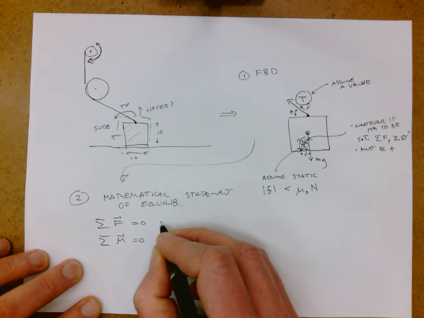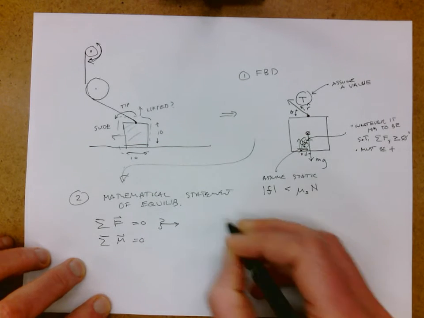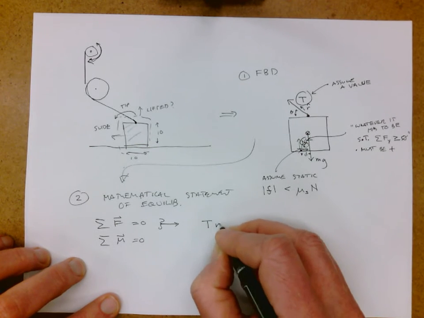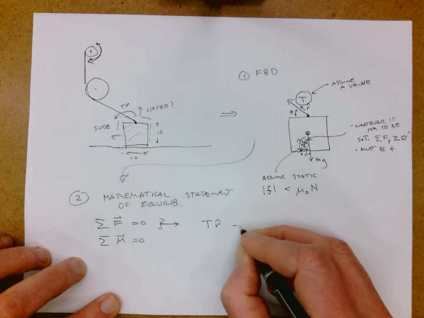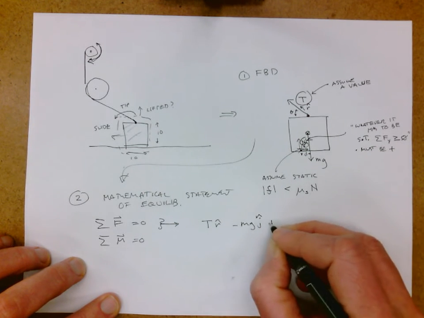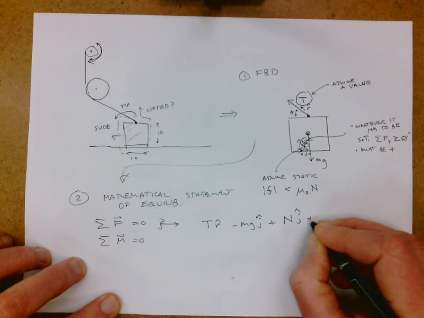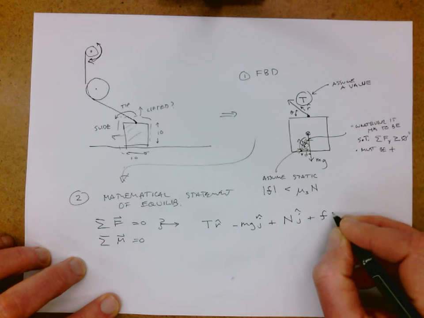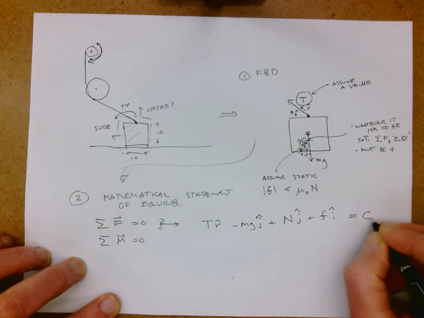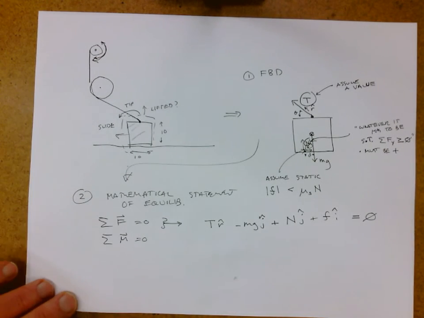Let's start by saying the sum of forces is 0. That says T times r hat, this force, minus mg times j hat, plus the normal force in the j hat direction, plus the frictional force, whatever that is, in the i hat direction, all has to be equal to 0. That's one condition.